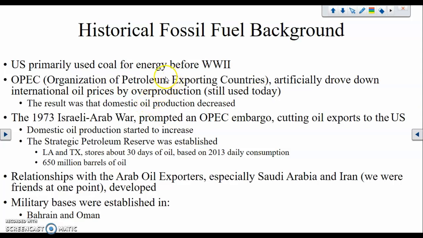The way they made us dependent on them is they dumped lots of crude oil into the market. Since it was cheaper before the 1970s to get oil from the Middle East rather than pumping it out from the United States, a lot of people in the United States didn't want to go into the oil pumping business, because again, it was cheaper to just get it from the Middle East.